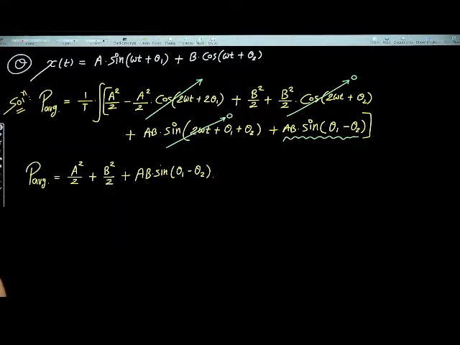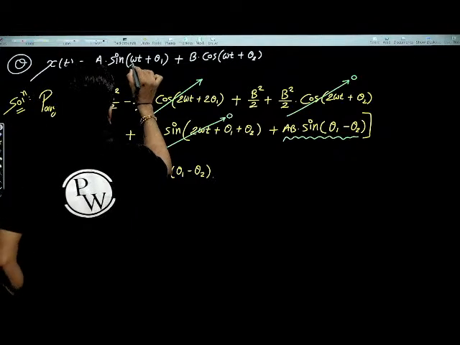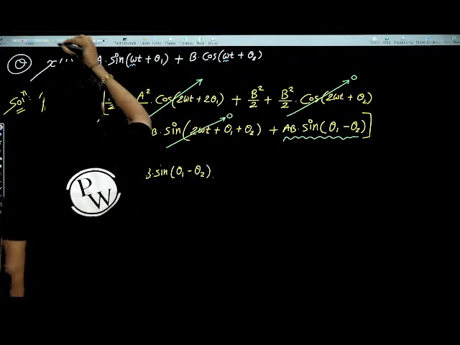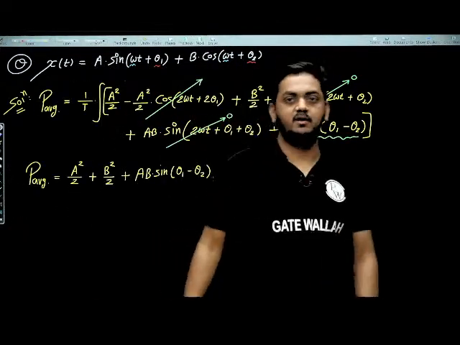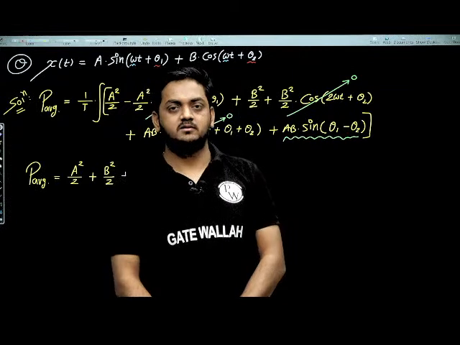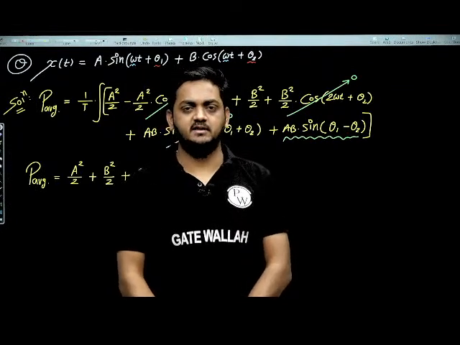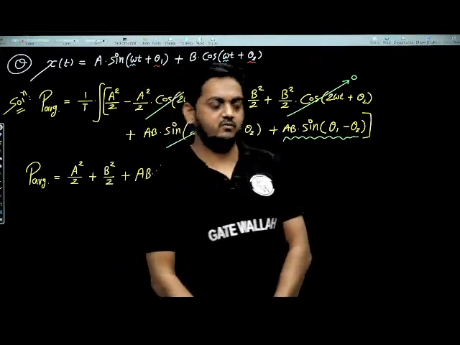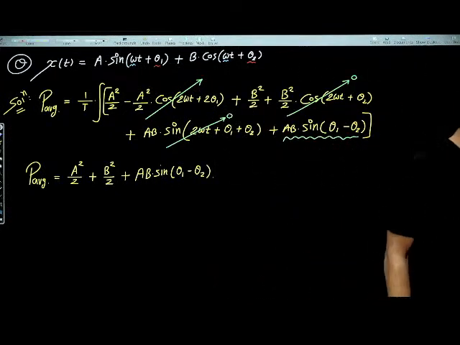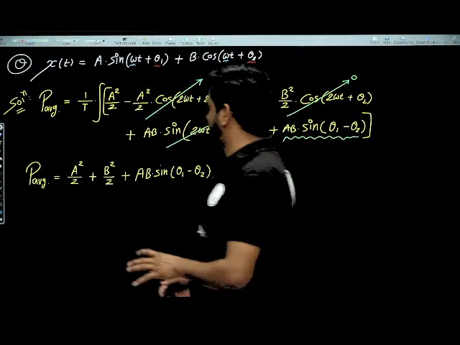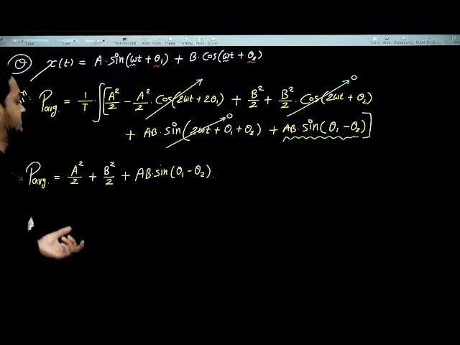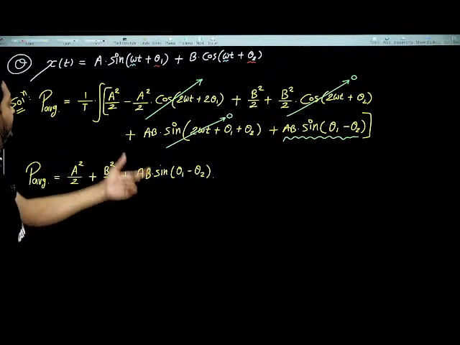This additional term will come into the picture if the frequency is the same but the phase angle is different. So this is the case of same frequency and different phase angle. Clear to each and everyone? This is very important. You need not remember this formula, because this formula may change. It completely depends on sine and cos.